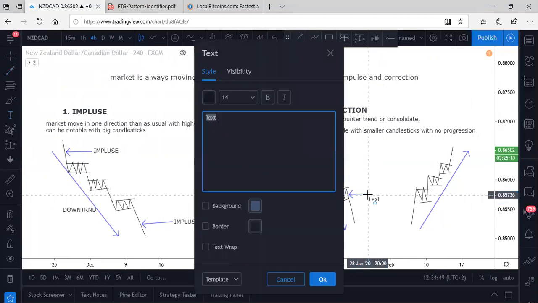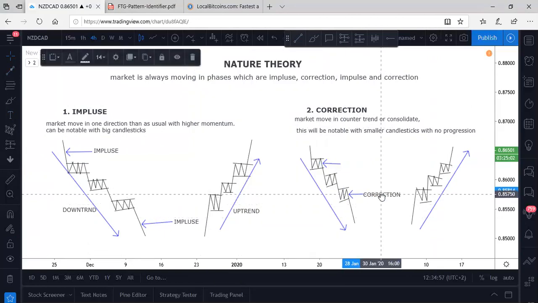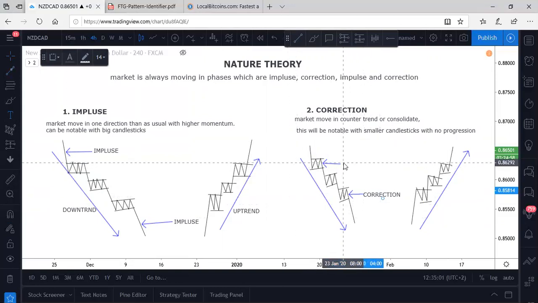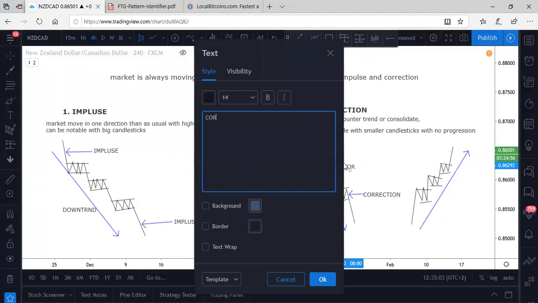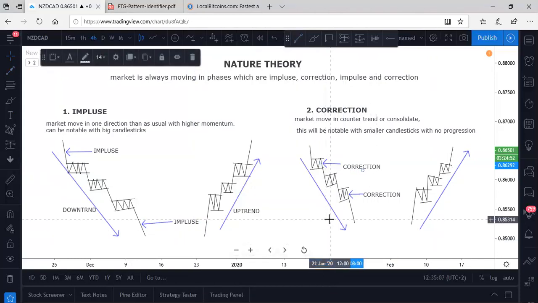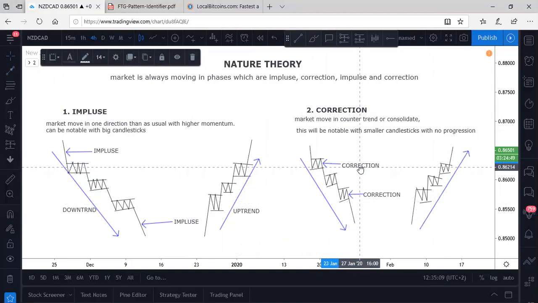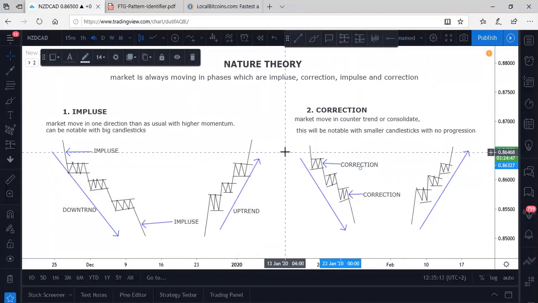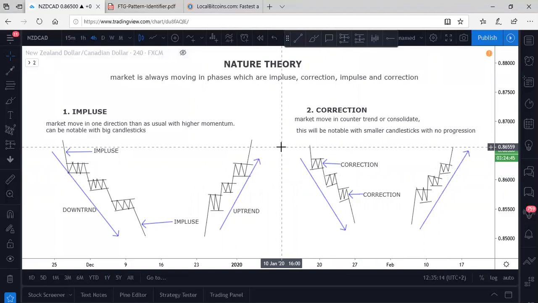As you all can see here, correction. These are correction.